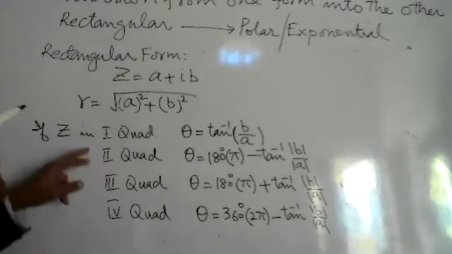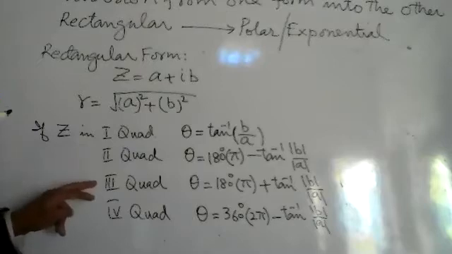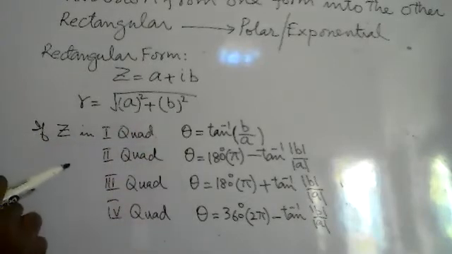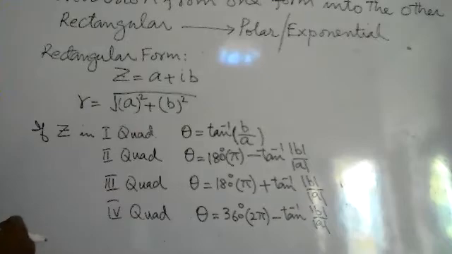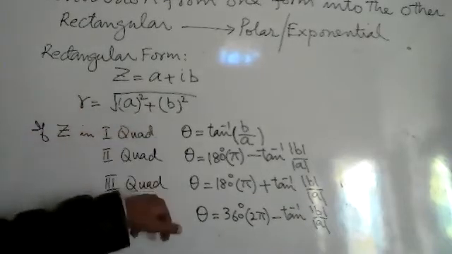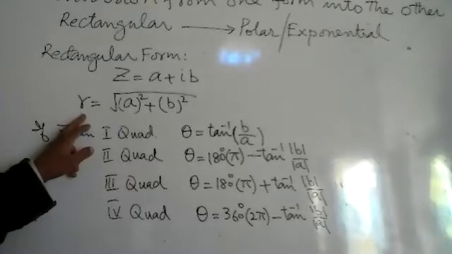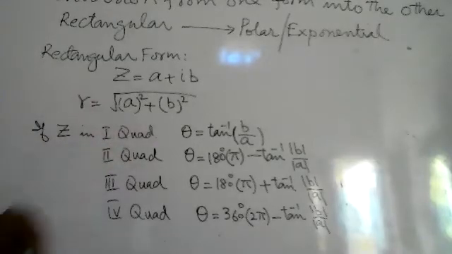So in this way, when they are in the first quadrant, second quadrant, third quadrant, or fourth quadrant, you have to take the value of theta in this way. When you find r in this way, and theta in this way, then both things, mod z and argument z, are known.